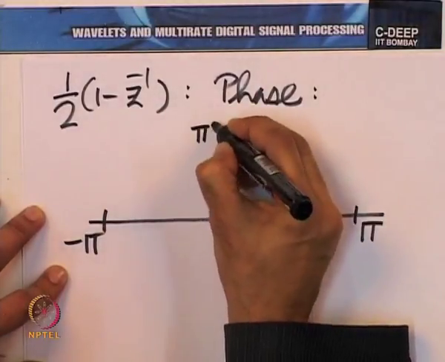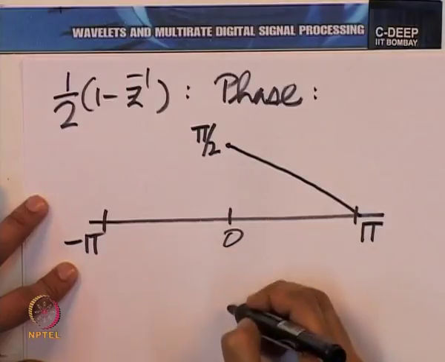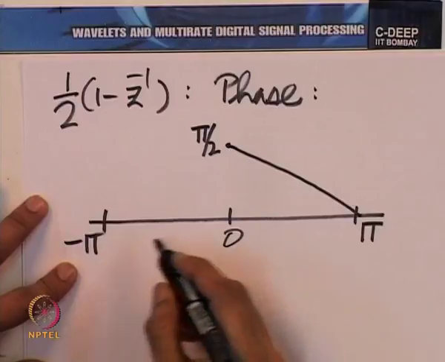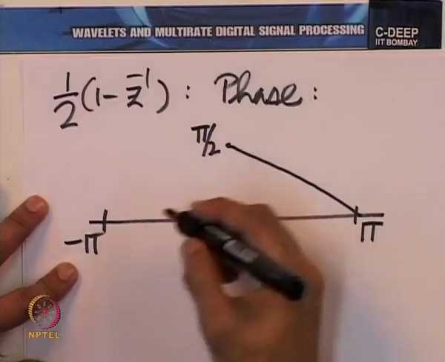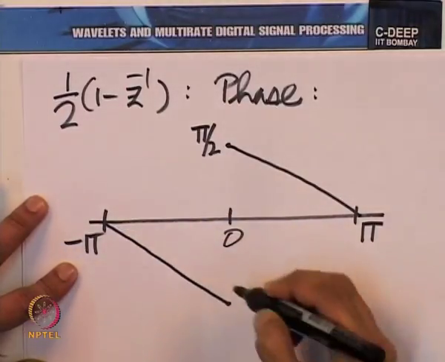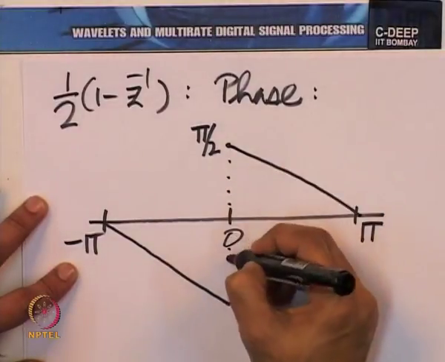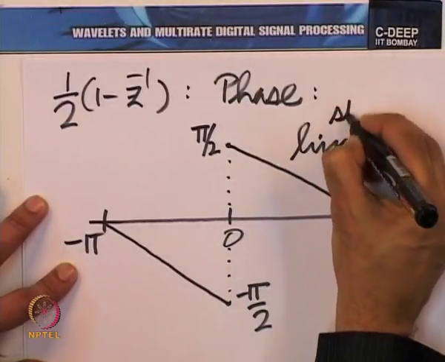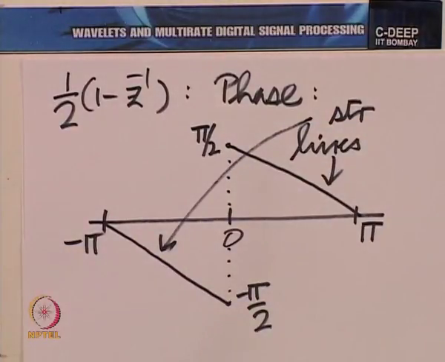Starts at pi by 2 there and goes to 0, it is a straight line segment. Here it would start, now that is interesting. You know, the phase on this side between minus pi and 0 needs to be the negative of the phase between 0 and pi. So, it will be a mirror image. These are straight lines. So, we call this pseudo linear phase.